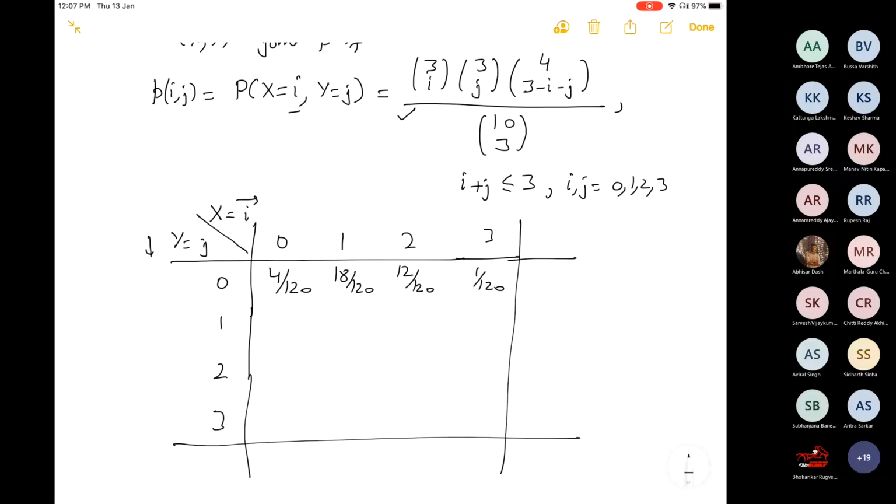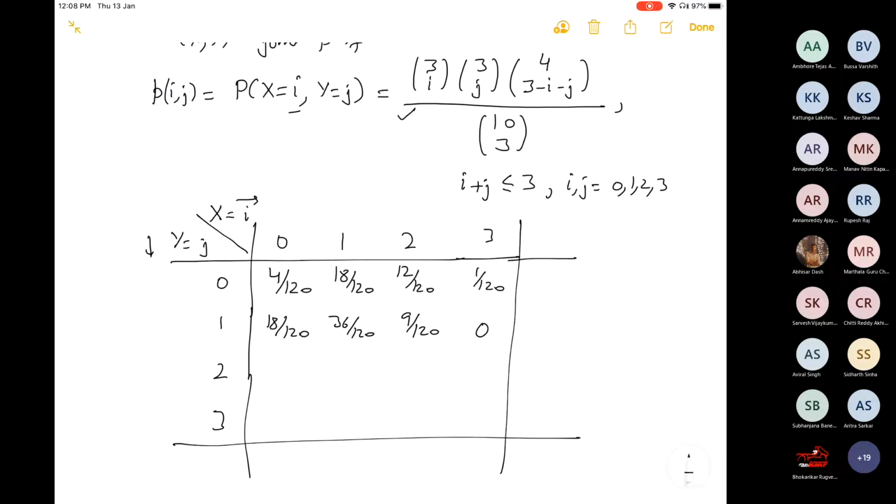Similarly, when x is 0 and y is 1, then this is 18 by 120. Just plug in the values: 36 by 120, 9 by 120. And similarly, when x is 3 and y is 1, this is 0 because the total number becomes more than 3.